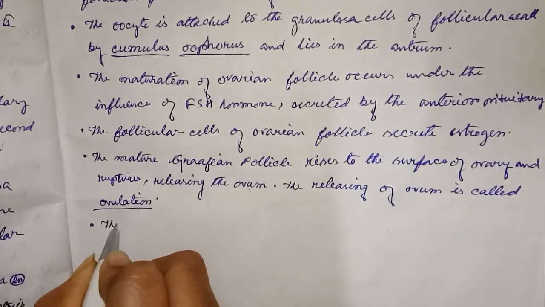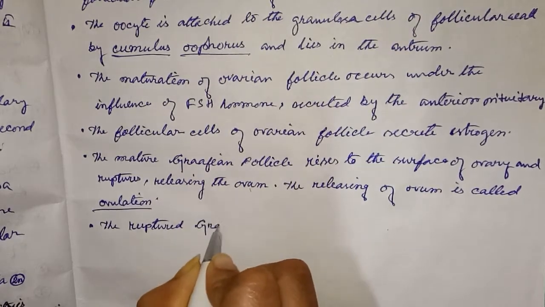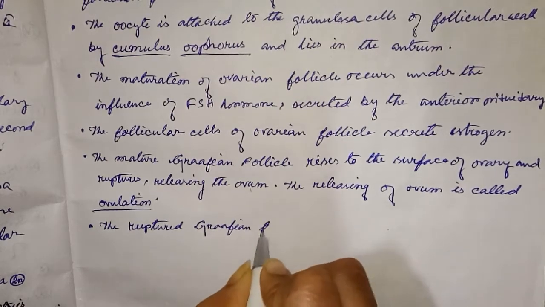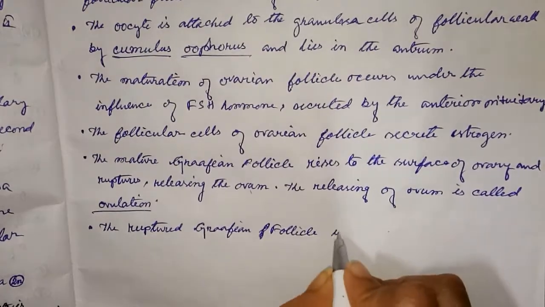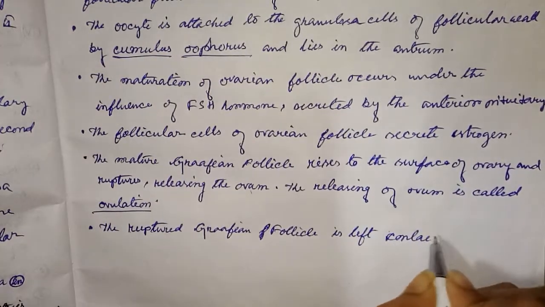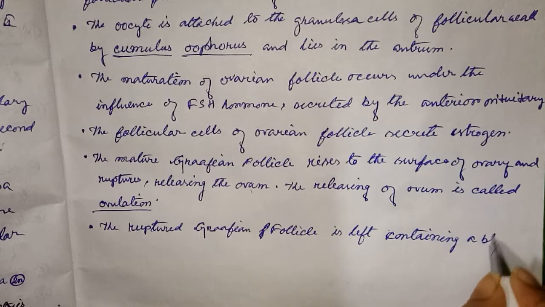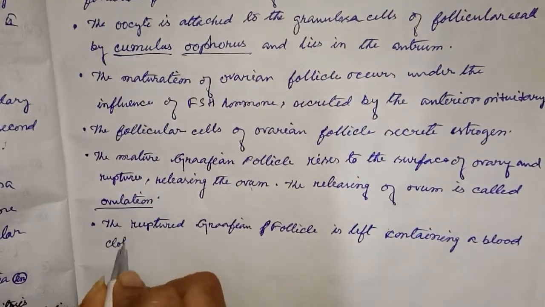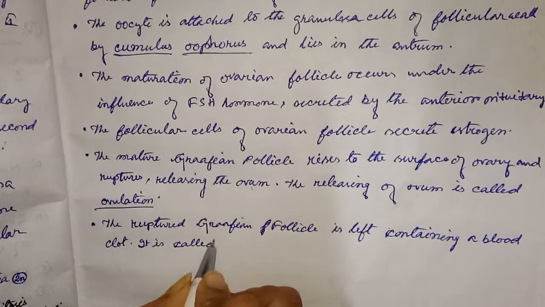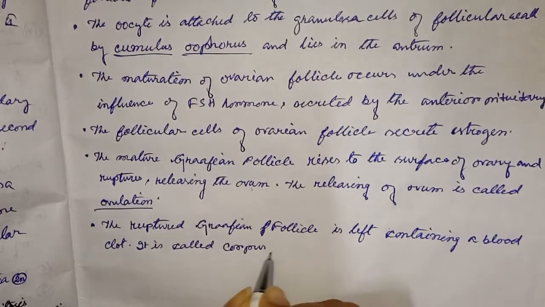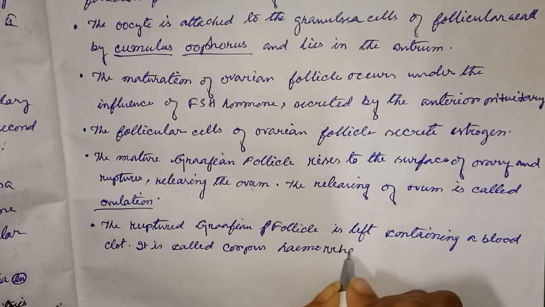So now next feature is the ruptured Graafian follicle is left containing a blood clot. It is called corpus hemorrhagicum.